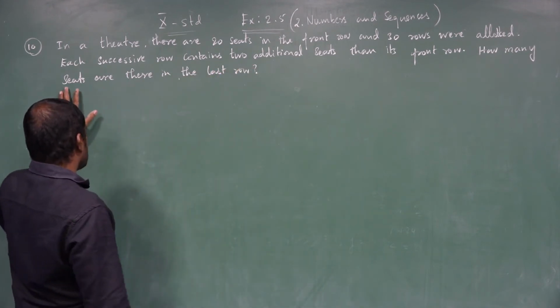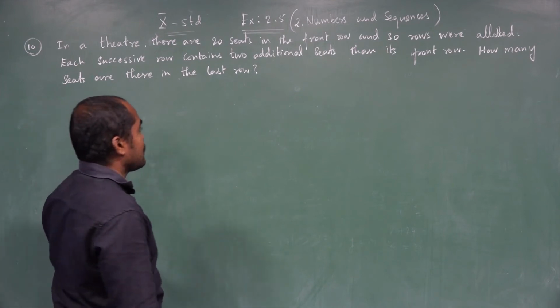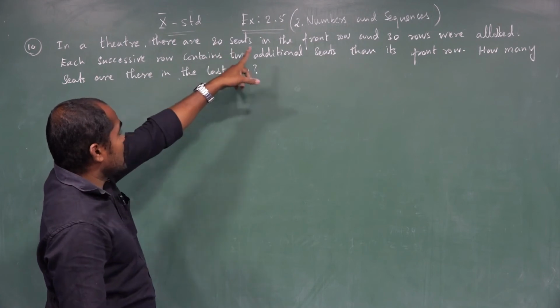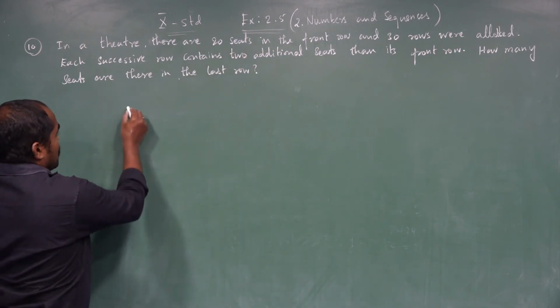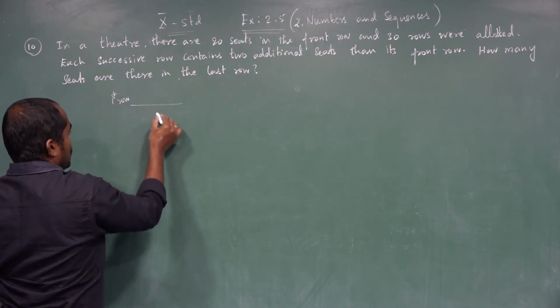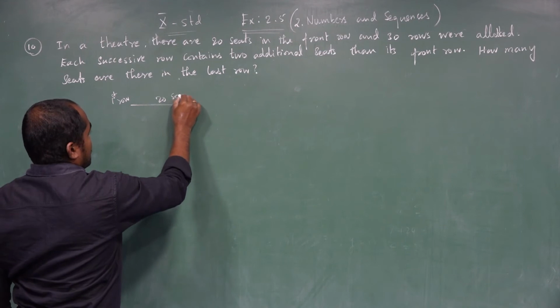So how many seats are there in the last row? So this is our question. So listen, in a theatre there are 20 seats in the front row. So this is the front row or first row. So the first row contains 20 seats.